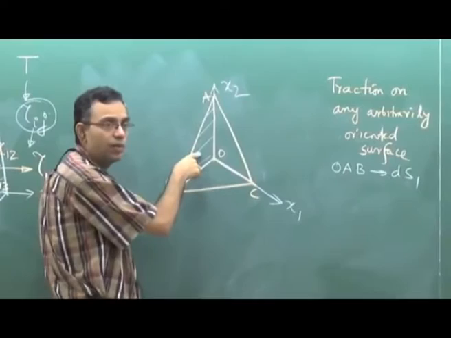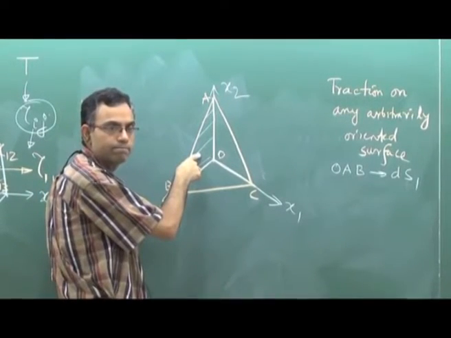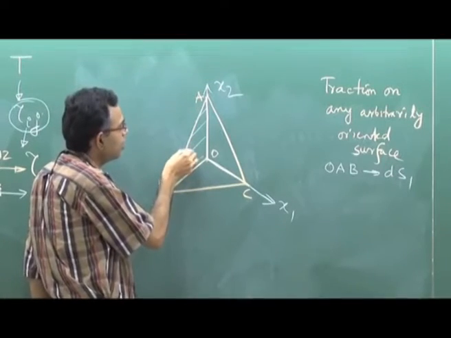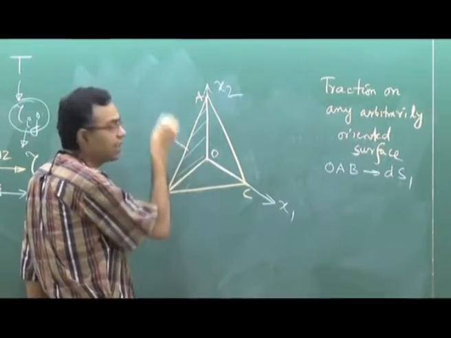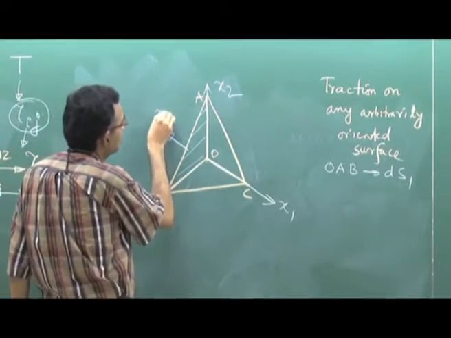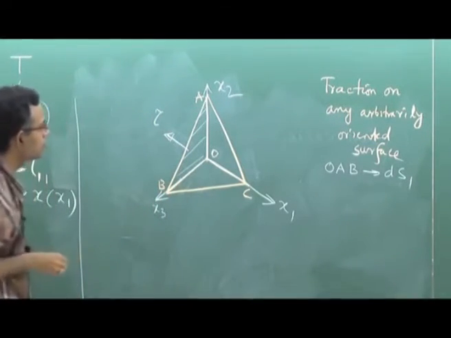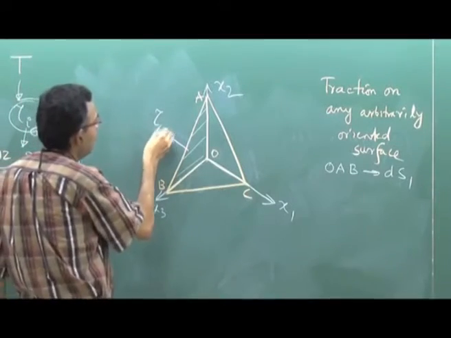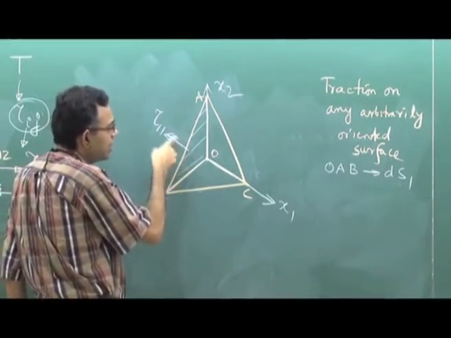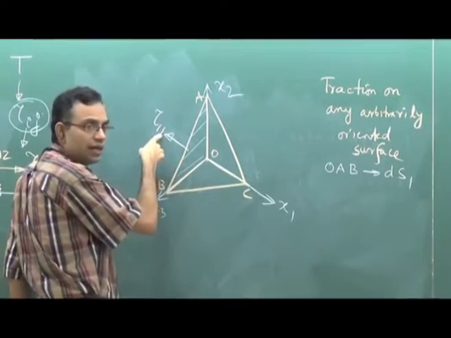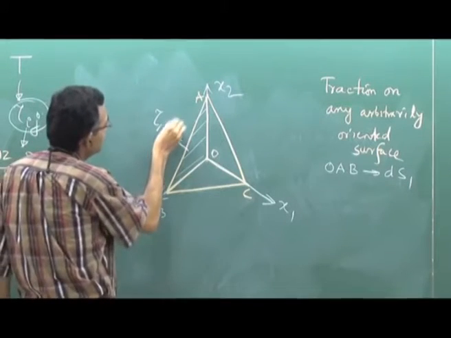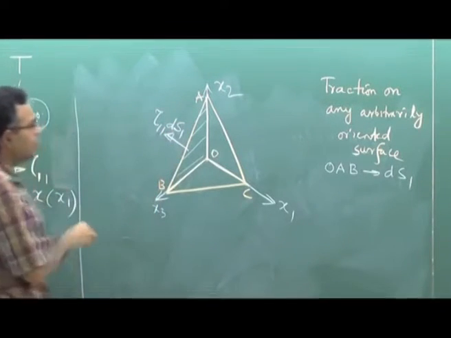What is the direction normal to this surface? Negative of x1, right? So, the force along x1 will be shown along negative of x1 by sign convention. So, this is tau 11, where the first index is the direction normal and the second is the direction of action of the force, into the area, since this is per unit area. So, tau 11 into ds1.